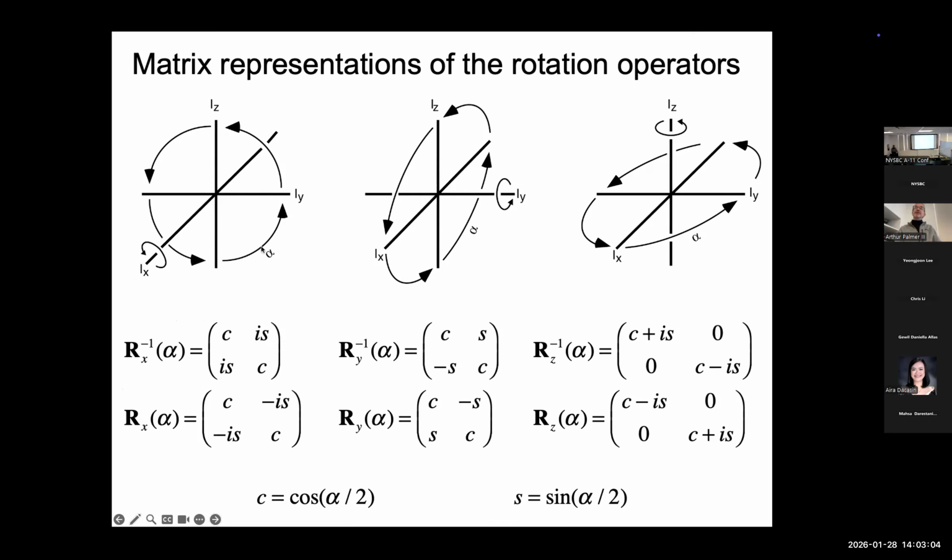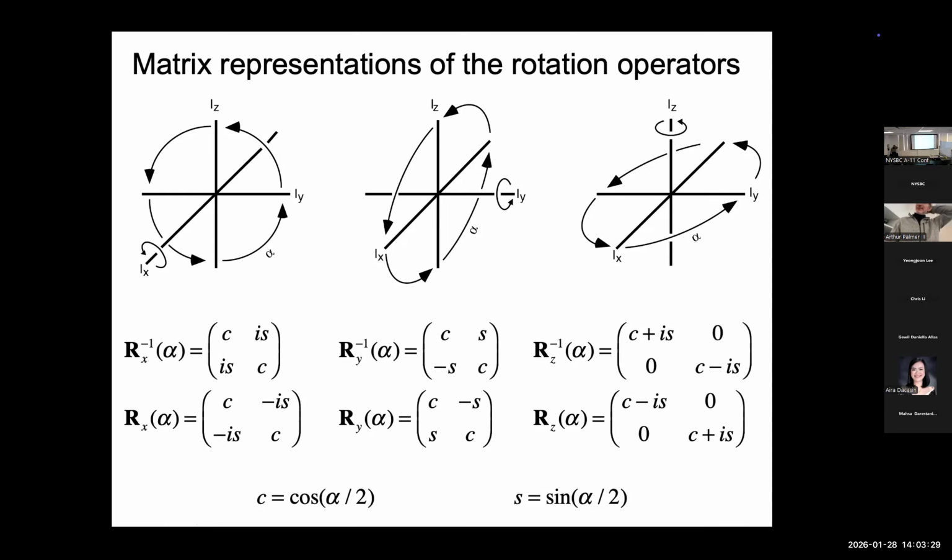The spin operators are 2 by 2 matrices. So these rotation operators are 2 by 2 matrices as shown here. So this is different from Cartesian space. If we rotate in Cartesian space a vector along X, it's a 3 by 3 rotation matrix because it's a real vector in real space.